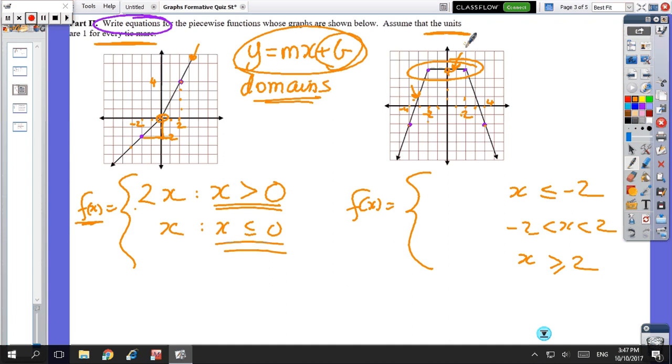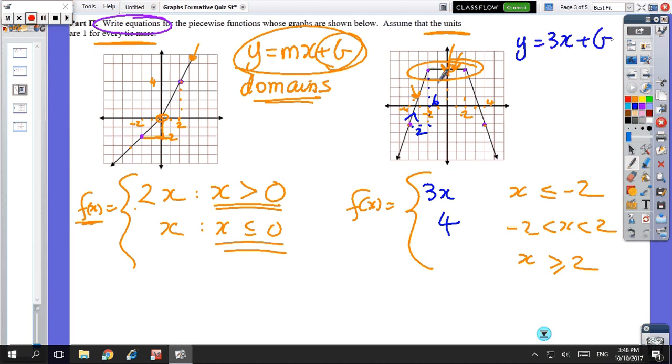The easiest one is this one here, and that equals 4 for all the values. This part is constant, it doesn't change. So the straight line is f(x) equals 4. For this one here, we've got 1, 2, 3, 4, 5, 6, 1, 2. The line is going up to the right, so it's a positive gradient. So it's y equals 3x plus something. We have to find the equation of the line, so y equals 3x plus b.